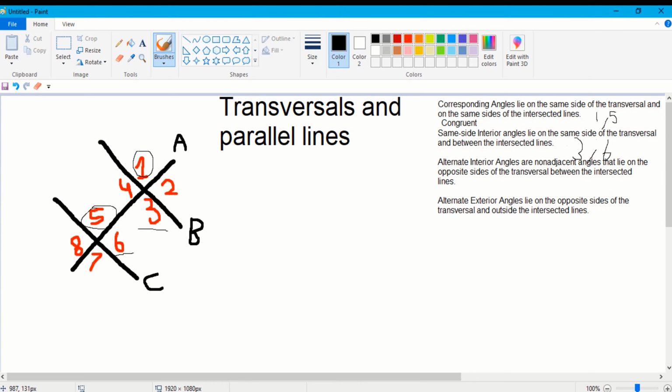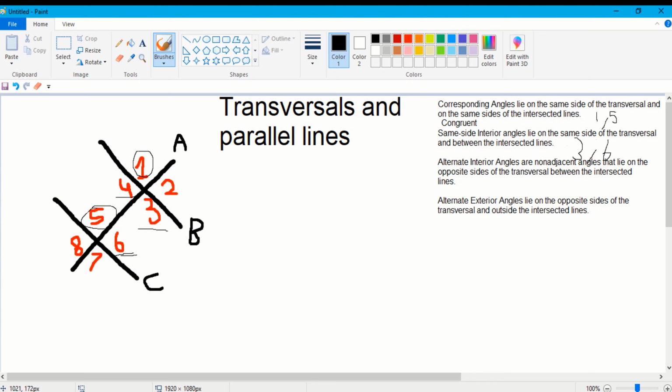Now let's do alternate interior angles. Alternate interior angles are non-adjacent angles that lie on the opposite sides of the transversal between the intersected lines. So angles like angles 4 and 6 again are alternate interior angles because they are non-adjacent.